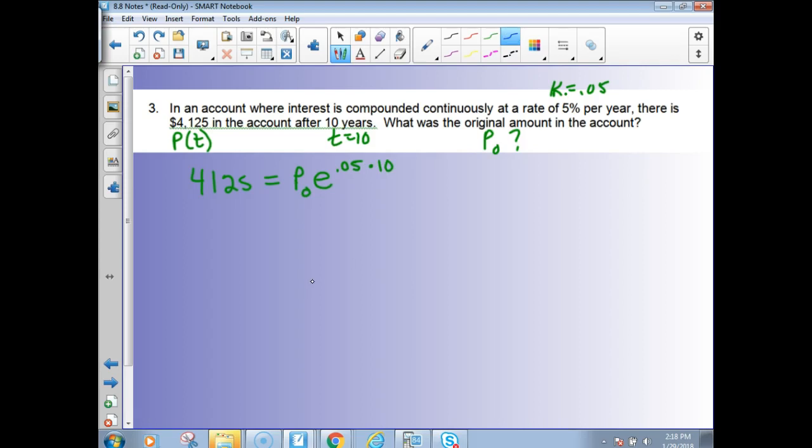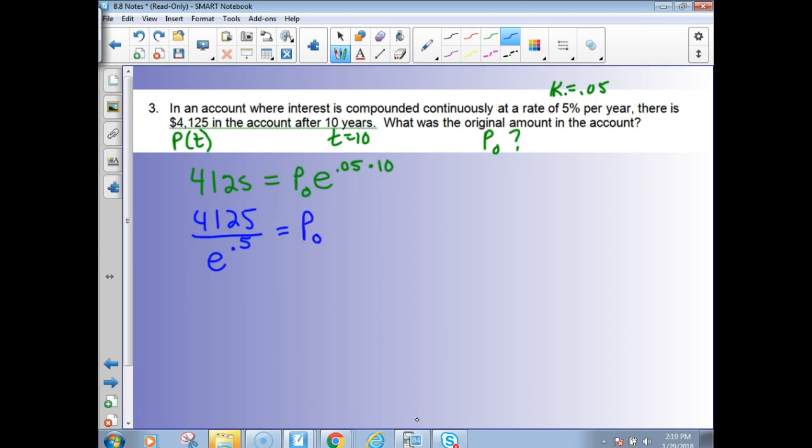Do you realize that this formula is almost just the PERT thing? Okay. So I'm going to multiply that out and divide by it. This is just a number, guys, so we don't have to take the log or anything on both sides. We can just divide by e to the 0.5, where I got 0.5 by simplifying 0.05 times 10.